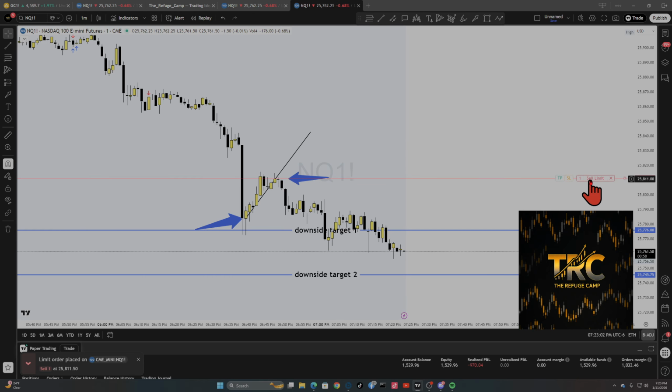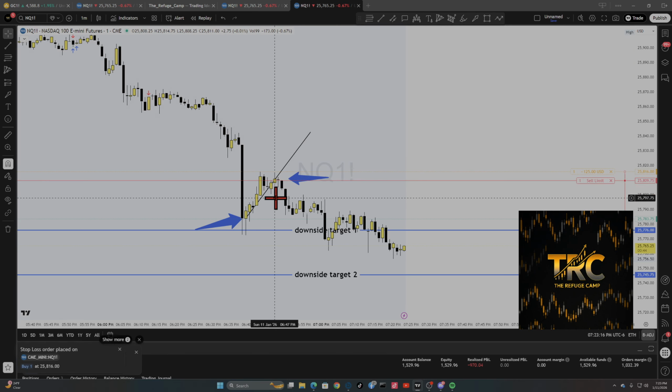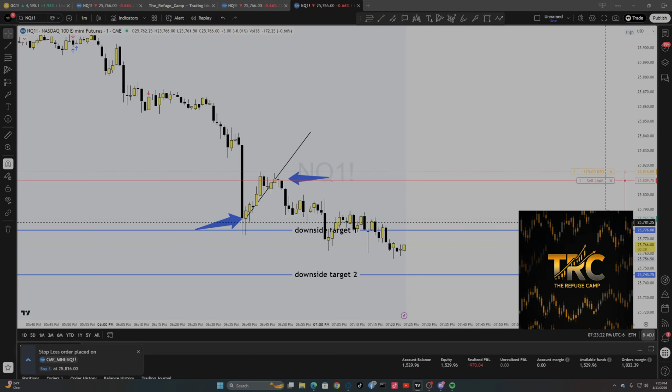As soon as this candle closed, so your candle would close there, your entry would be here. Your take profit is at the bottom of this candle. Your stop loss needs to be above this wick. So you're risking $125 to make $520.